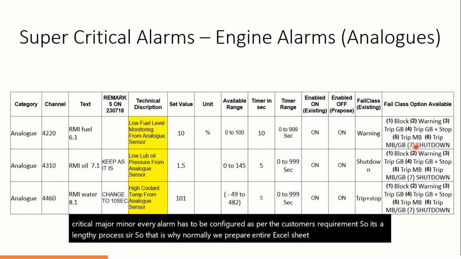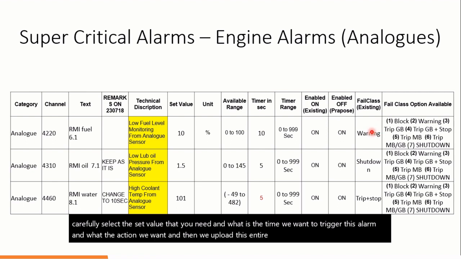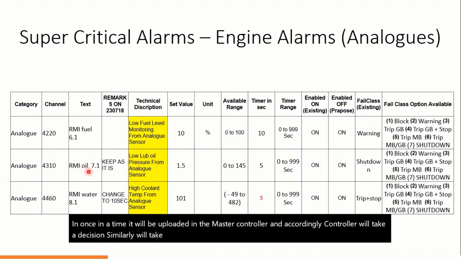We carefully select the set value, their unit, the time we want to trigger the alarm, and the action we want, and then we upload this entire file into the controller. All these alarms are uploaded in the master controller at once, and accordingly the controller will take a decision.